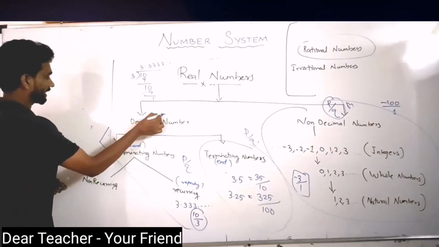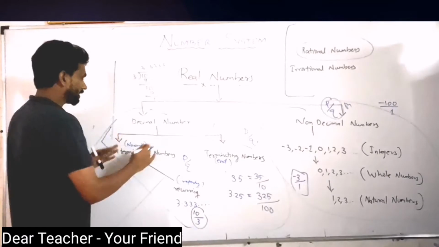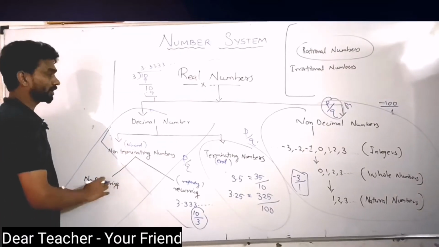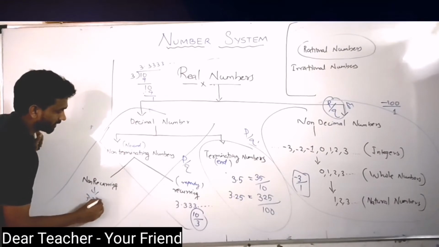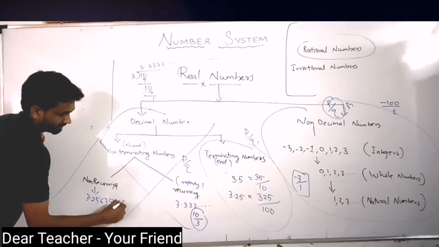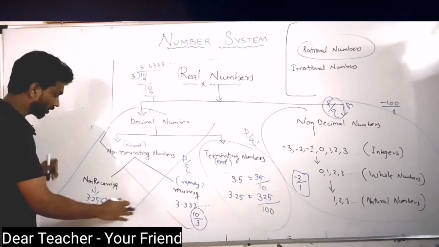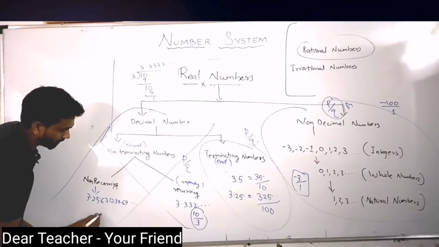Okay, next we can check this category. Decimal numbers, non-terminating, non-recurring, like 3.2567123467 and so on. It goes on. These types of numbers we cannot write in the form of p by q.